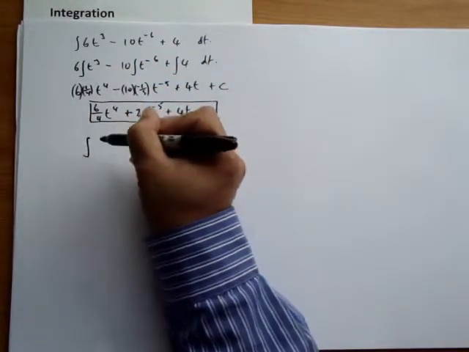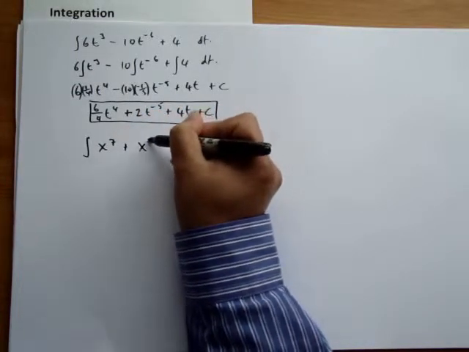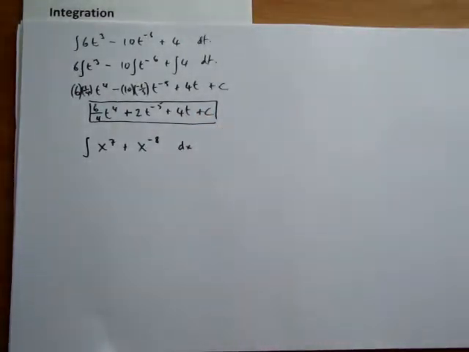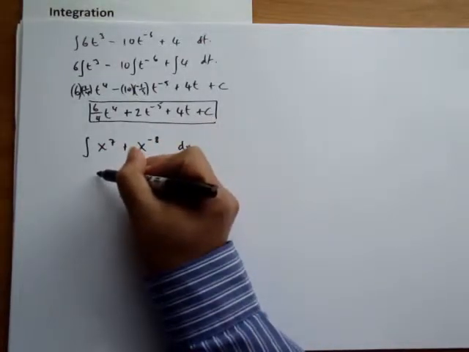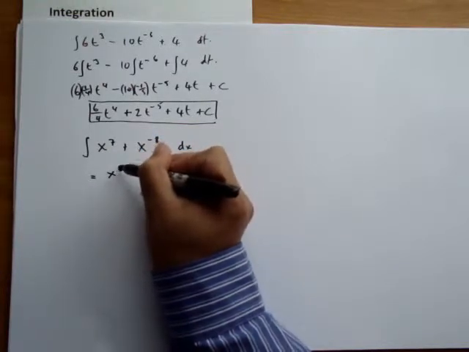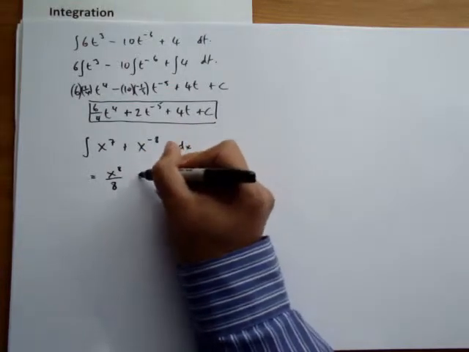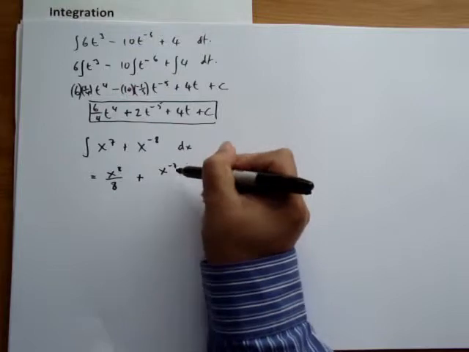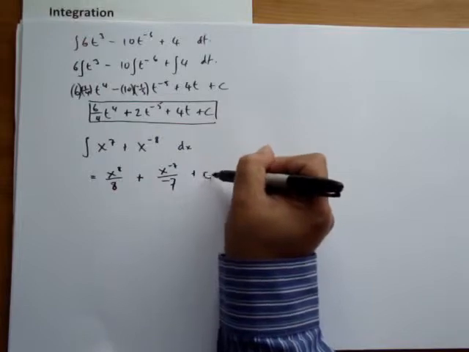Okay, integral of x^7 + x^(-8) dx. So this then becomes, when we integrate, 7 plus 1 is 8, so that becomes x^8 over 8, plus -8 plus 1 is -7, x^(-7) over -7, plus c.